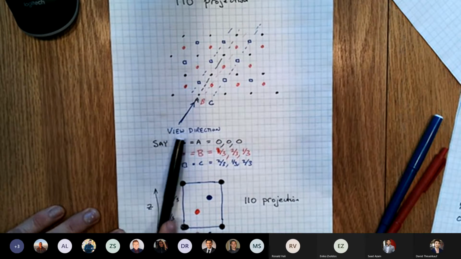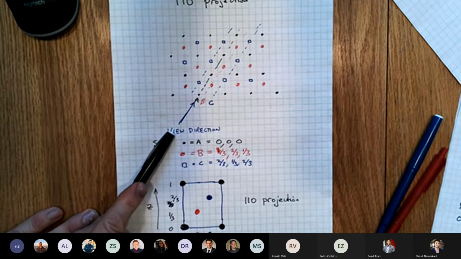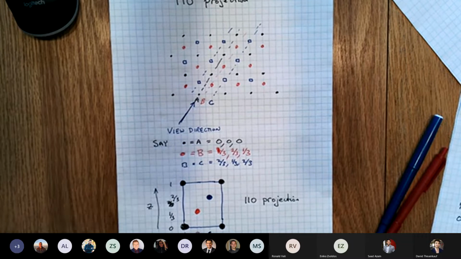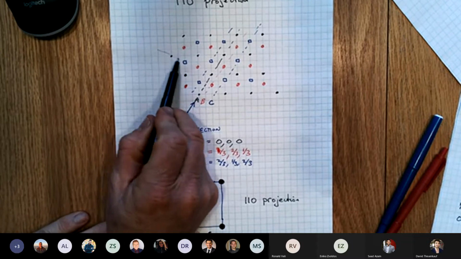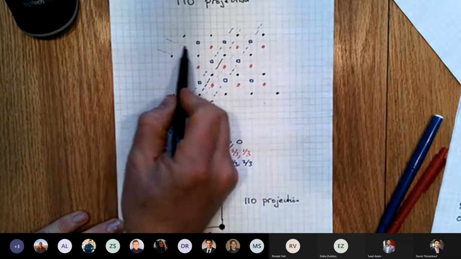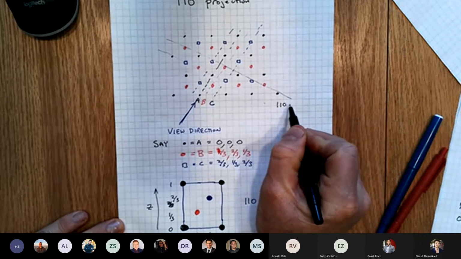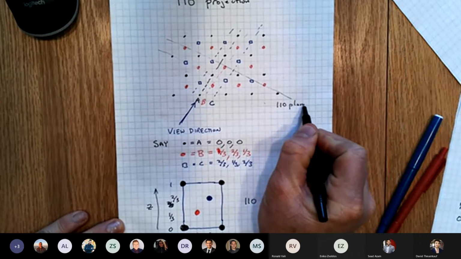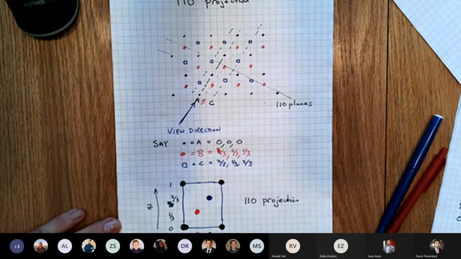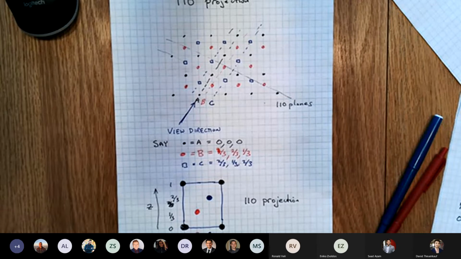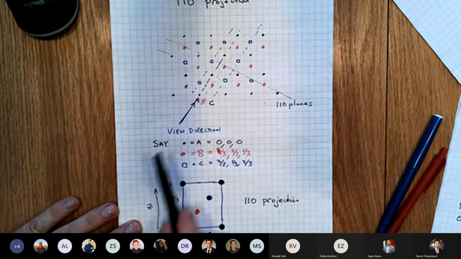So what it means is you put your eyes and you look at the structure from this direction. And these planes of atoms that you see like this, those are 1-1-0 planes. And why they're called 1-1-0 planes is not important to us at this time. If you take solid state physics, you'll learn why that's the case.